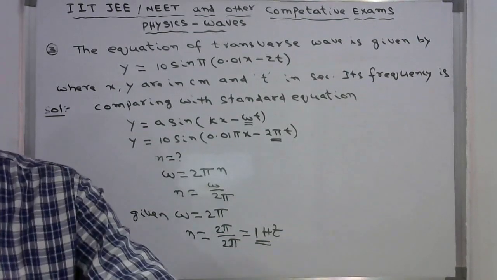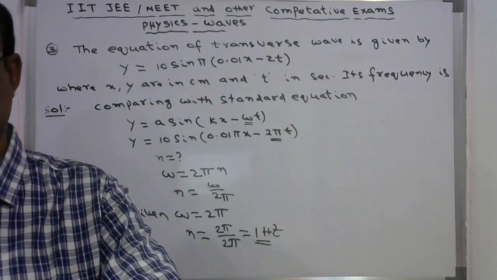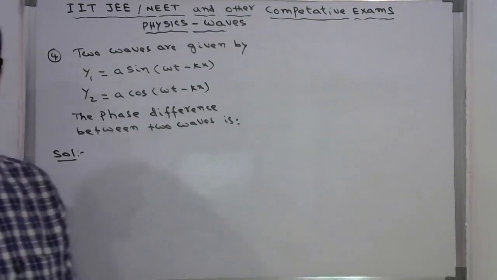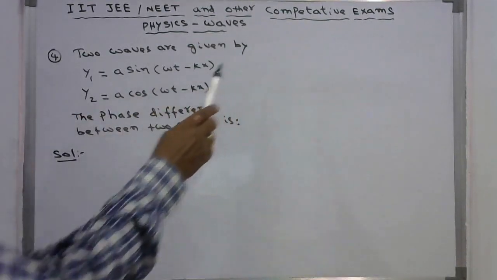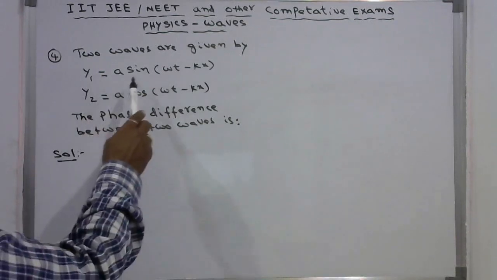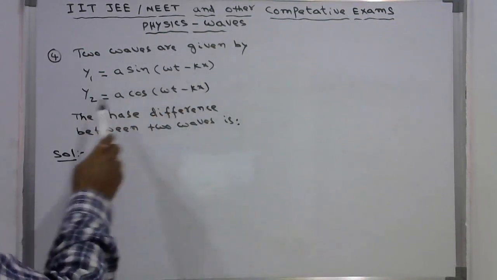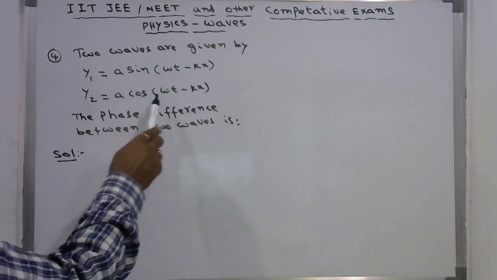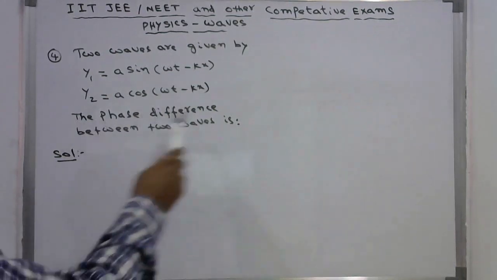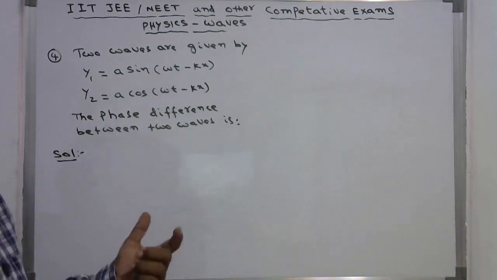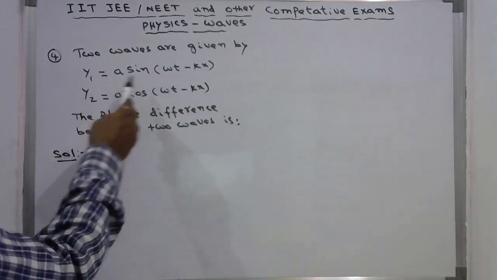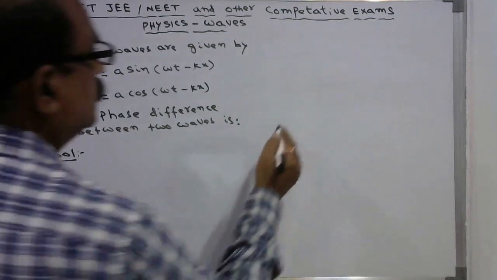Let us go to the next problem, the fourth one. See the fourth problem. Two waves are given by y1 is equal to a sin(omega t minus kx), y2 is equal to a cos(omega t minus kx). The phase difference between the two waves is? So one wave is given as a sin(omega t minus kx).